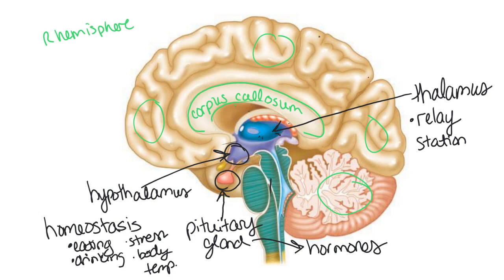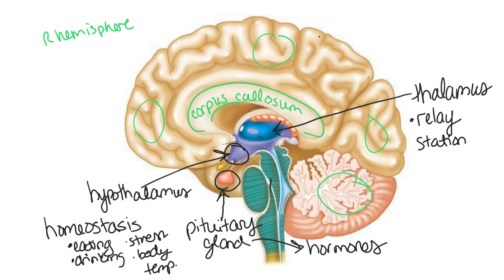It releases reproductive hormones. Okay, so the hypothalamus and the pituitary work hand in hand to help basically control the body's homeostasis, the body's mechanisms, by monitoring these different levels within the body and then regulating these different hormones to help balance it all out.